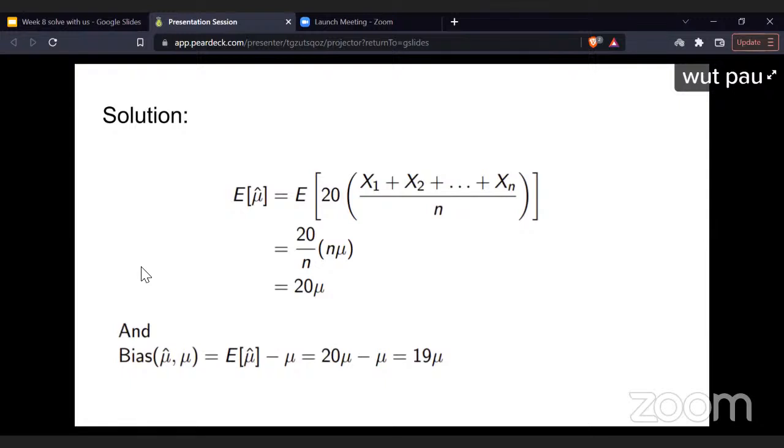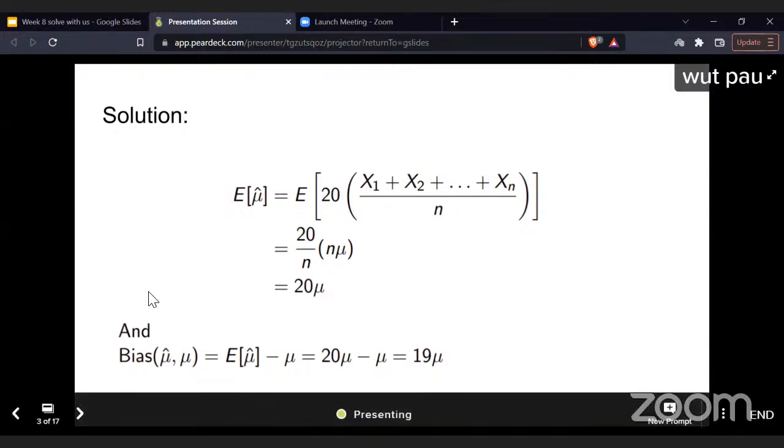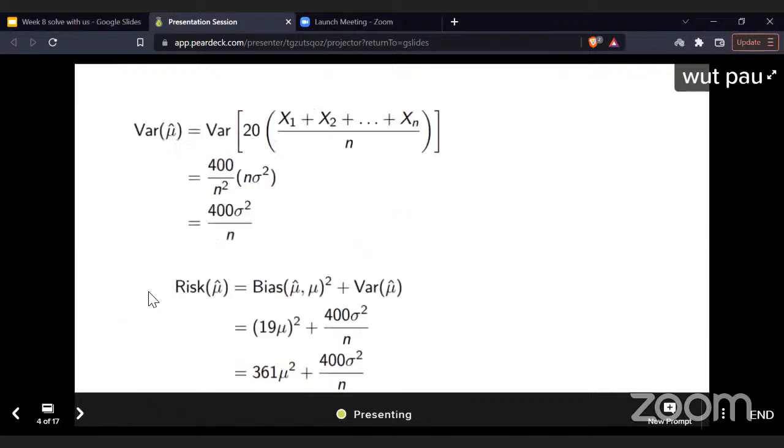Now to find the bias, bias is basically the expected value of the estimator minus the parameter. So here it is the expected value of mu hat minus mu. It is coming out to be 19 mu. So we found the bias. Now we need to find the variance, right? The variance of mu hat will come out to be 400 sigma square divided by n.